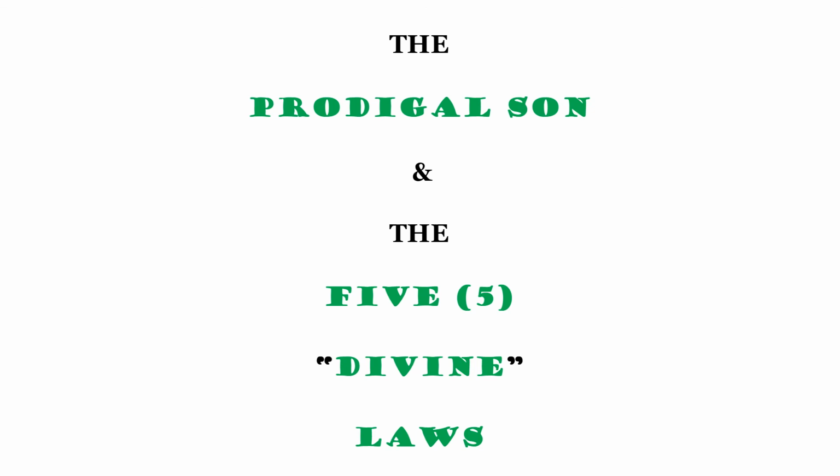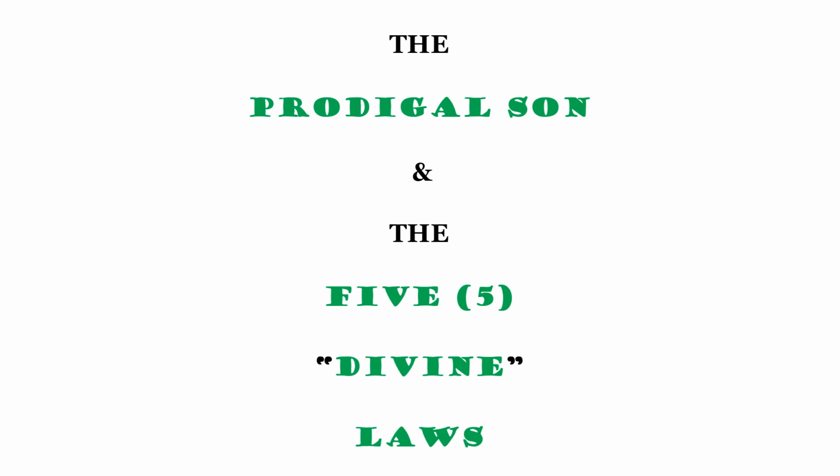What I'm going to do in the next message, because I'm going to cut this short right now, is show you how the 5 divine laws are embodied in the prodigal son. And it's a very interesting story. We've all gotten it the way everyone wanted us to get it, but now I'm going to give it to you the way it needs to be given to you so you can know what the story truly represents.